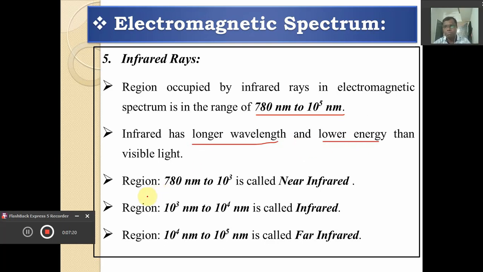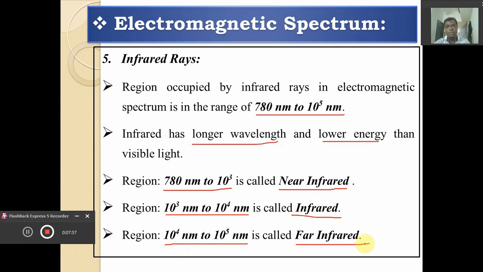If we look at the different parts of the IR region, you will come to know that the region that extends from 780 nanometers to 10 raised to 3 nanometers is called the near infrared region, and the region which extends from 10 raised to 3 to 10 raised to 4 nanometers is simply called the infrared region, and the region which extends from 10 raised to 4 nanometers to 10 raised to 5 nanometers is called the far infrared region.